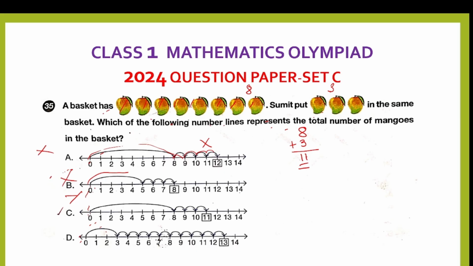In option C, if we start from 0 and jump to 8, that is correct. Then we have to again add 3 mangoes. That means 1, 2, 3, it becomes 11. So this is the correct number line representing the total number of mangoes. You can also see option D. Option D is not correct. Therefore option C is the correct answer for the given question.